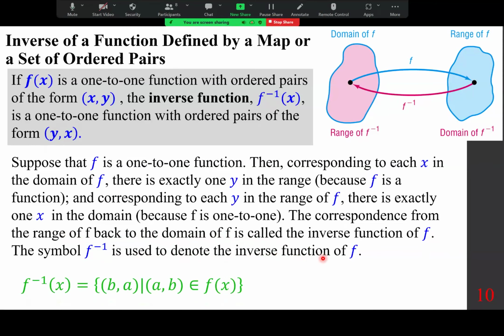In other words, if we want to define f inverse of x with the pair b comma a, such that a comma b is an element of f of x. Again, this is read such that, and this is read an element of.